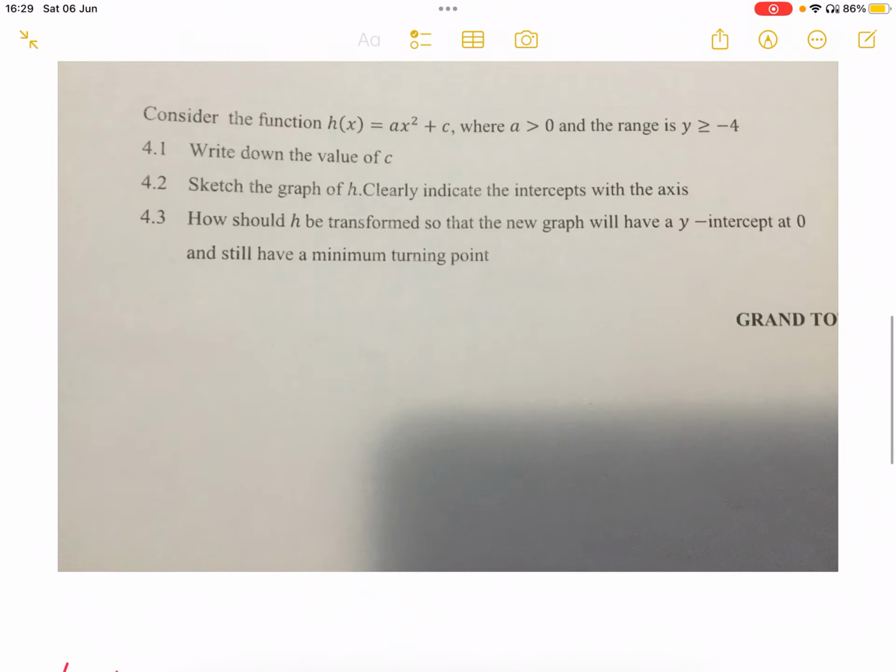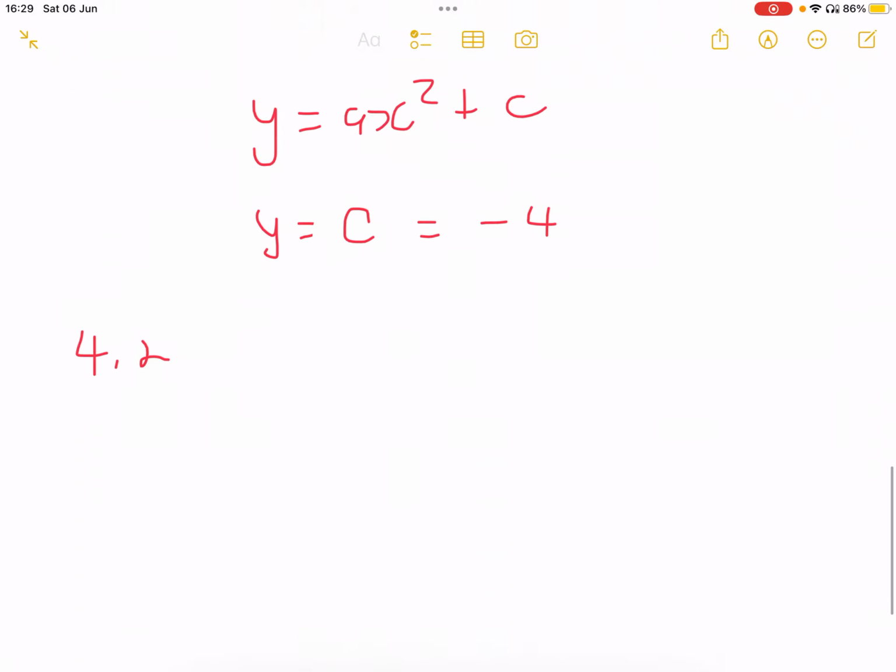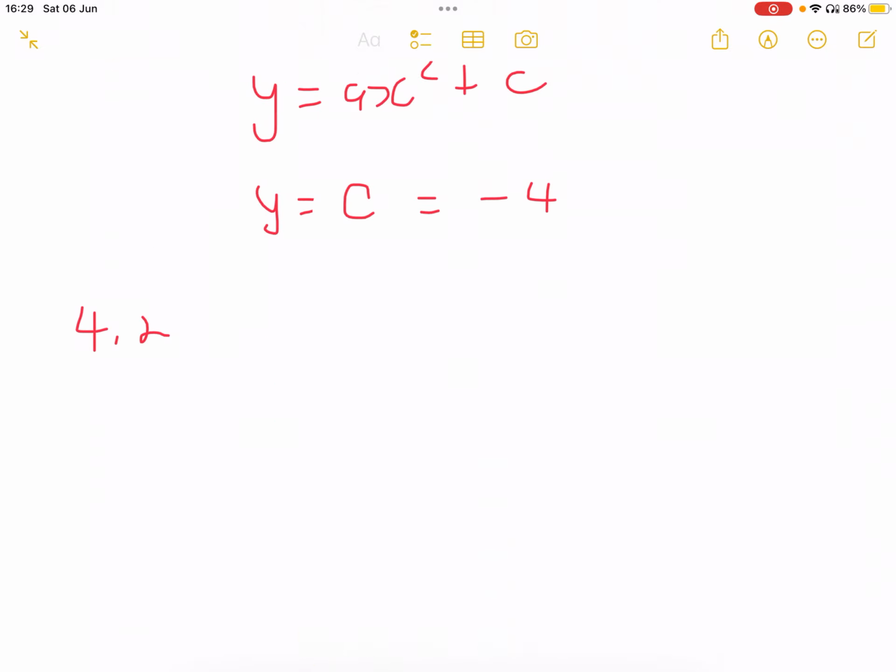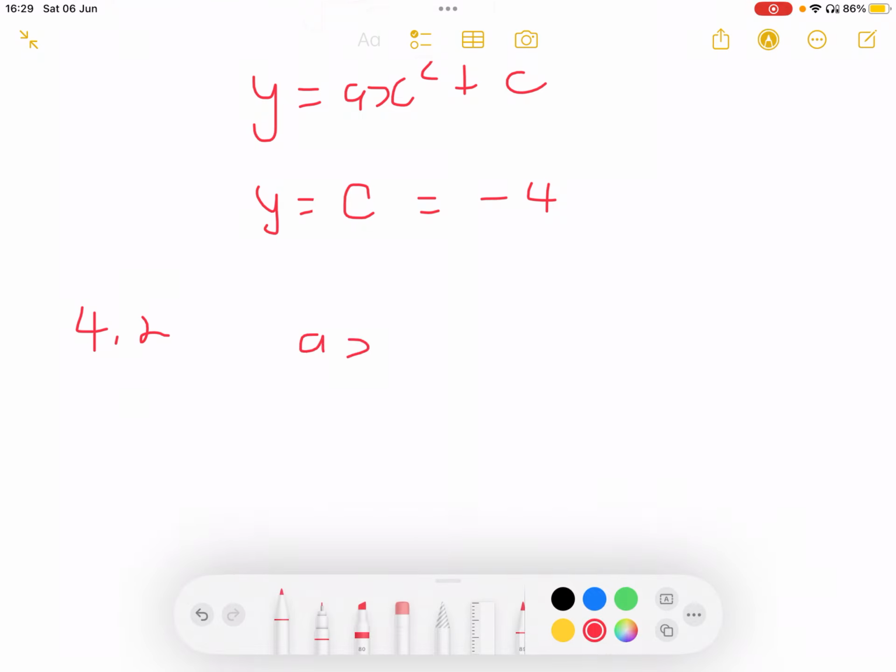Now, 4.2, they're asking us to sketch the graph of h and clearly indicate the intercept with the axis. Now, you only know one thing here. You only know c, but you can tell the direction by the value of a. They told us here that a is greater than 0. That means our graph is a smiley face, or it's a cup shape.